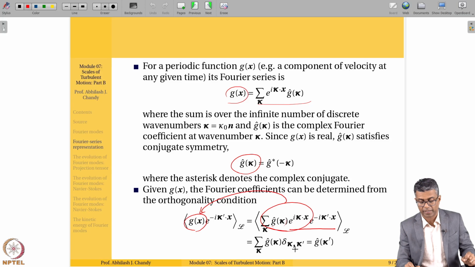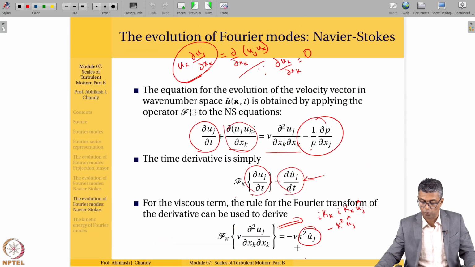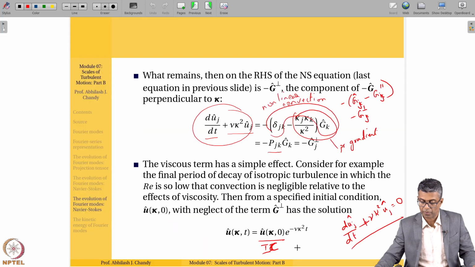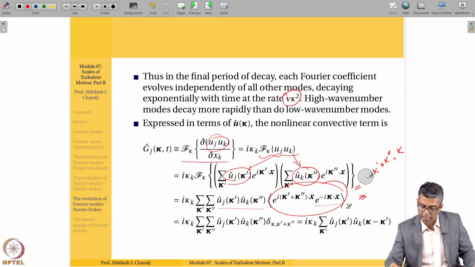That's the Kronecker delta definition, so it is equal to 1. I'm sorry, I said it is 0. So instead of calling it 0 and 1, I will just say it is equal to delta, or 1, when kappa prime plus kappa double prime is equal to kappa, and it is equal to 0 if kappa prime plus kappa double prime is not equal to kappa.